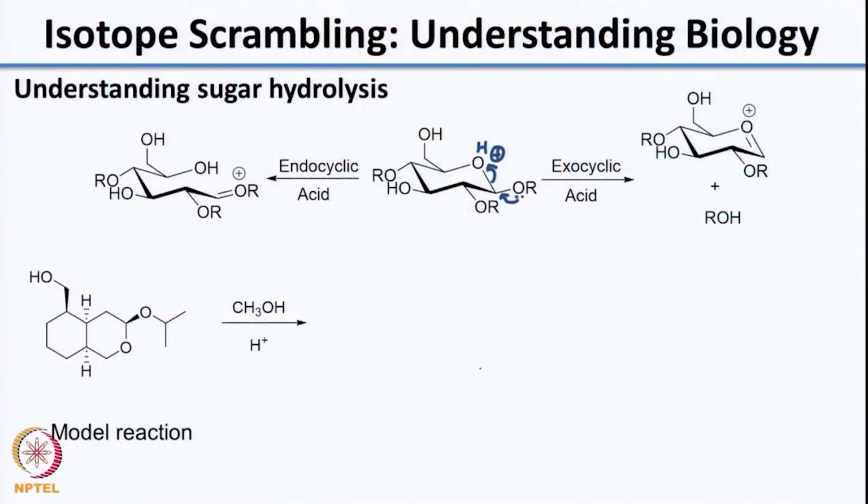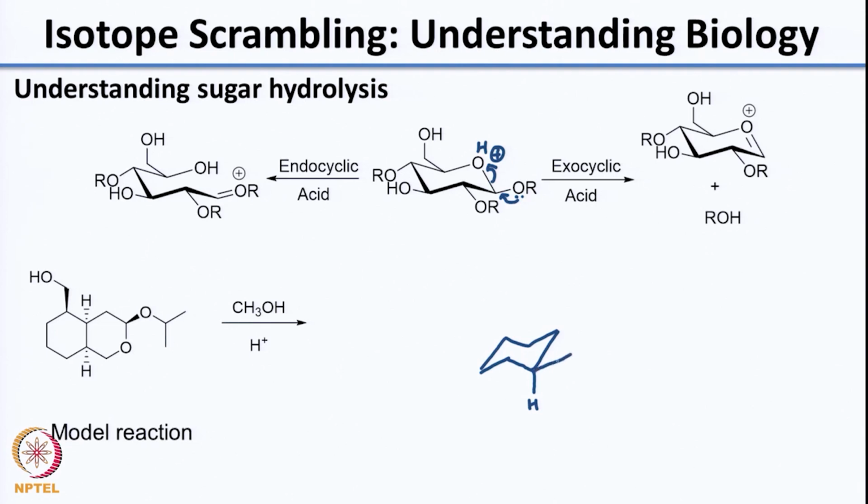First I will write the chair form. I am forming the cis junction here. Remember, these are my hydrogens, this is the axial hydrogen. Now let us draw it.